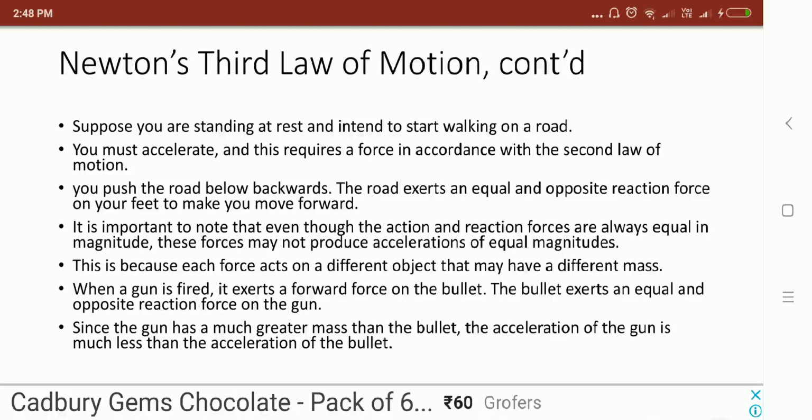While the bullet is moving out of the gun, the gun also experiences a reaction. But compared to the bullet, the gun has a higher mass, so it gets less motion from the force on the gun. So by the difference in mass, different accelerations may be experienced.